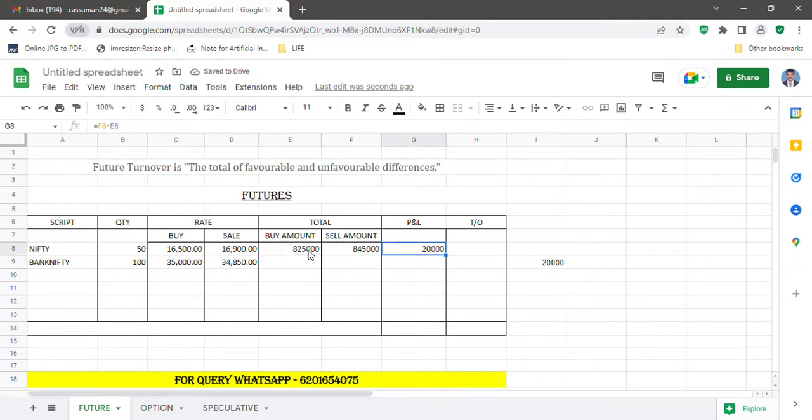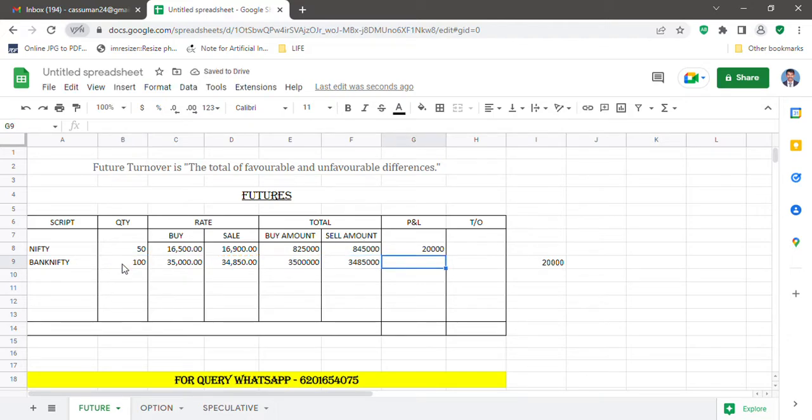Okay, and let's check in this transaction, that is Bank Nifty. The buy rate is 35,000 and the sell rate is 34,850 and the quantity is 100. First calculate the buy amount, that is buy rate multiplication quantity. Then the sell amount, sell rate multiplication quantity.